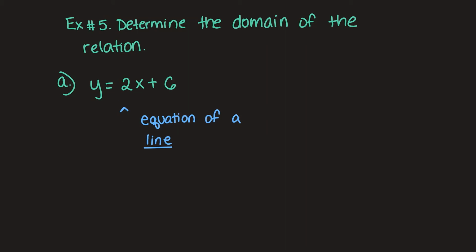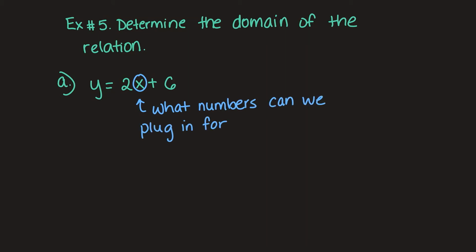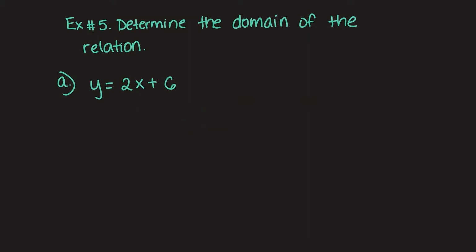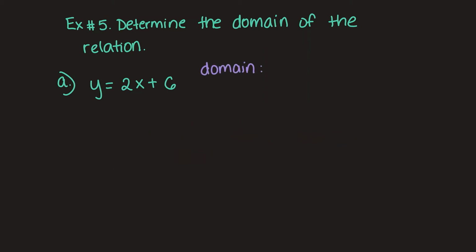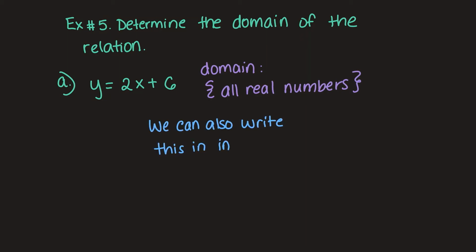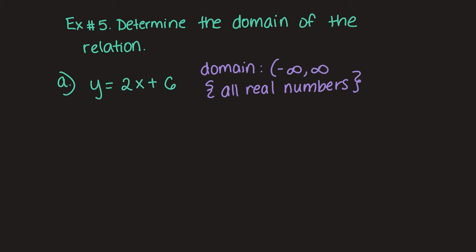And since domain is the set of all x-coordinates for this equation, we need to figure out what numbers we can plug in for x. So we can actually plug in any number for x and always get a value for y. Therefore, the domain for this equation is the set of all real numbers. We can also write the domain in interval notation. The values for x range from negative infinity up to positive infinity.